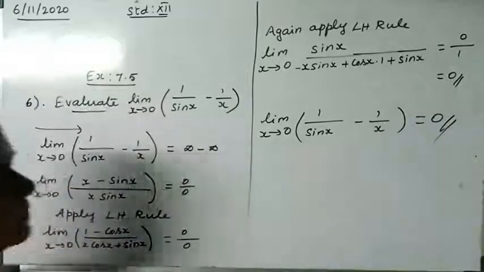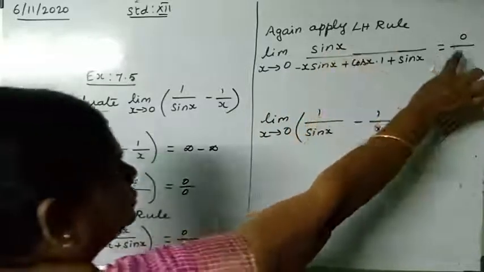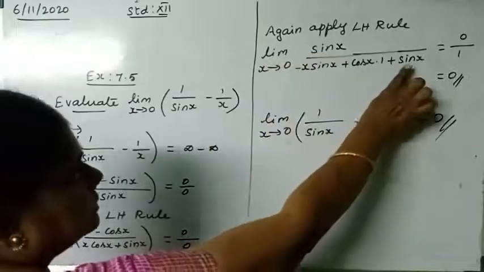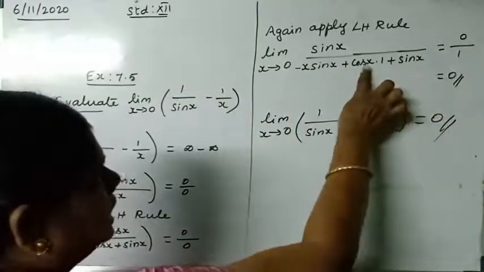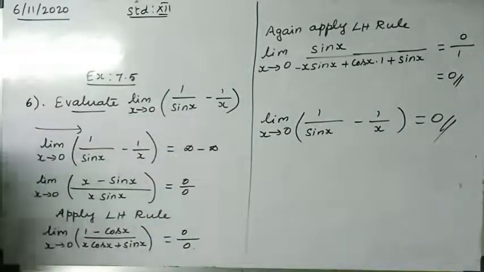When we substitute the limit, sin 0 is 0, and 0 into anything is 0, so this term cancels. Sin 0 is 0, cos 0 is 1, so 0 by 1. 0 by anything is 0. So the answer is 0.